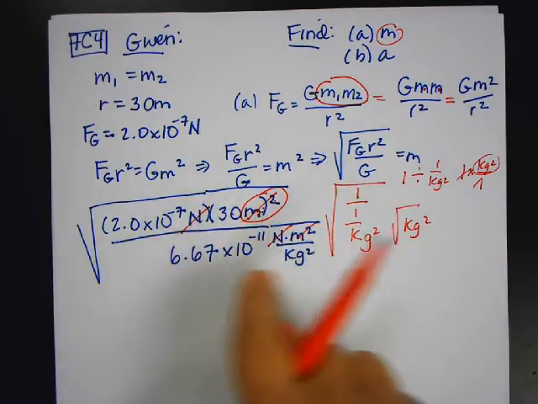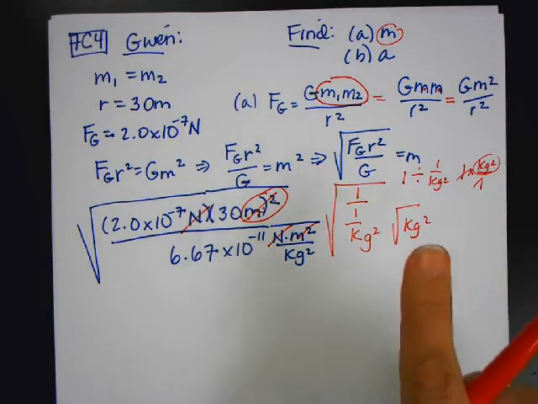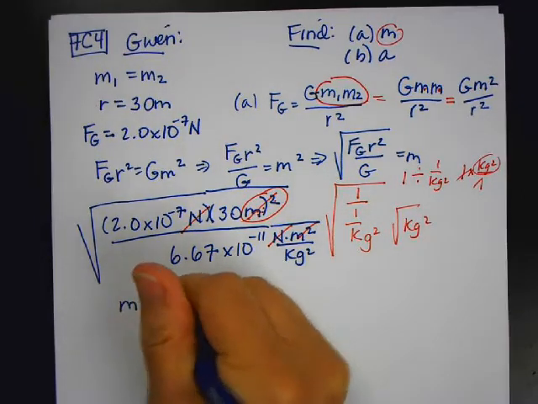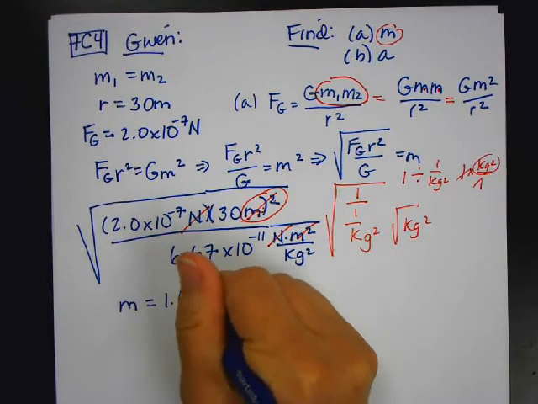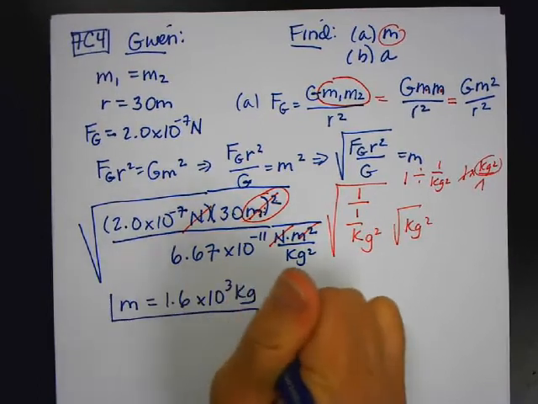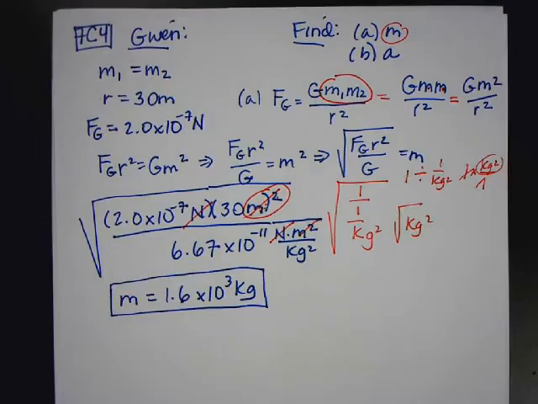So when I take the square root of the number, I take the square root of the unit, so I end up with kilograms, which is the correct unit for mass. So I know I did it correctly. So that comes out to be 1.6 times 10 to the 3 kilograms. So carrying my units through and canceling them helps me check my work.